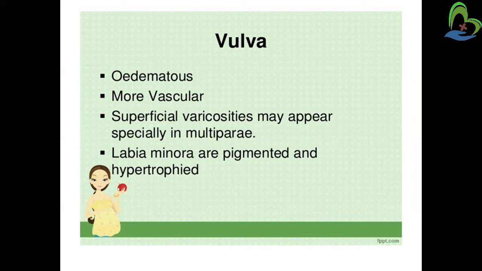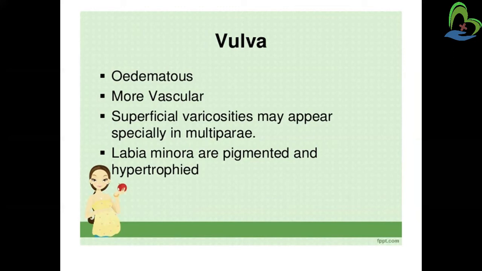Superficial varicosity means dilated veins present at that part. Multipara means a mother or a female who has conceived a viable pregnancy more than one time.